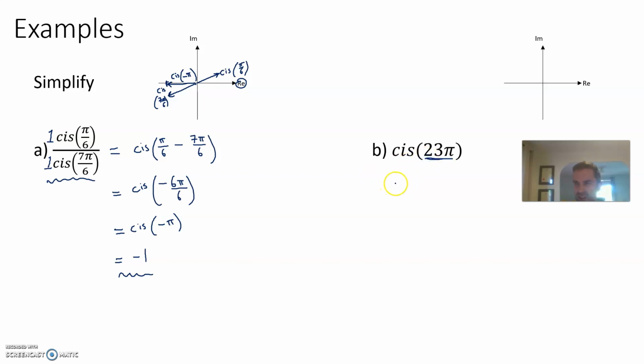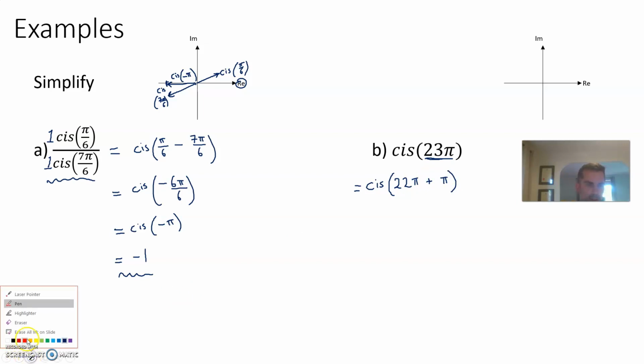Now, I don't know about you, but I don't want to really think about what 23 pi means. But if we break that up a little bit, if we think about the nearest even number below 23, we can say, okay, this is the same as 22 pi plus another lot of pi.